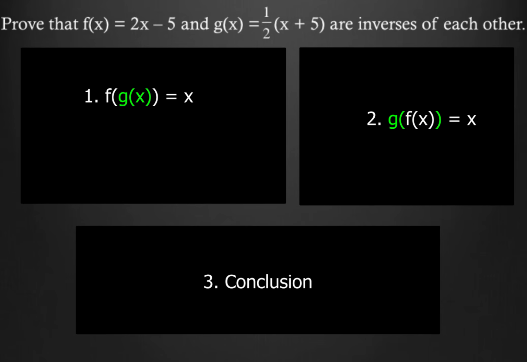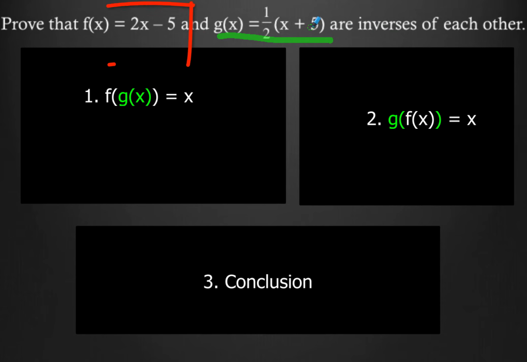Now here's going to be the basic setup for each one of these types of problems. You'll be asked to prove that f of x and g of x are inverses of each other. So the first thing you're going to do is take g of x. So g of x is going to be this function up here, 1/2 times the quantity x plus 5, that function.